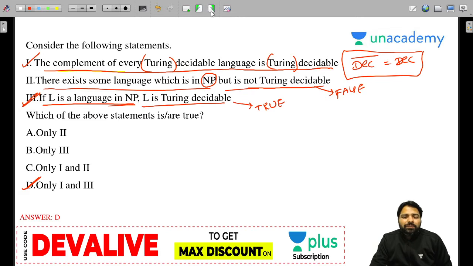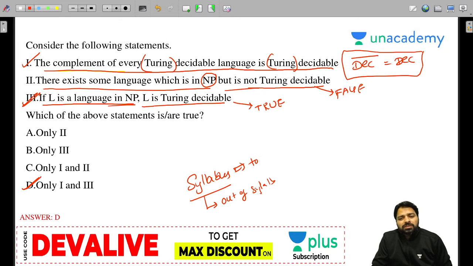And one thing is, guys, the syllabus is already too much. If you are going for what is out of syllabus, can you understand? The syllabus is already too much, and completing that also takes much time. If you are worried about out-of-syllabus topics, I don't know when you will complete the syllabus.